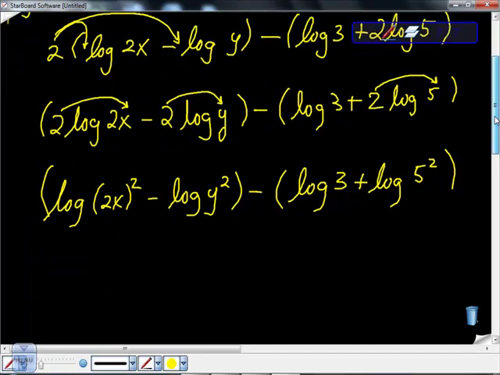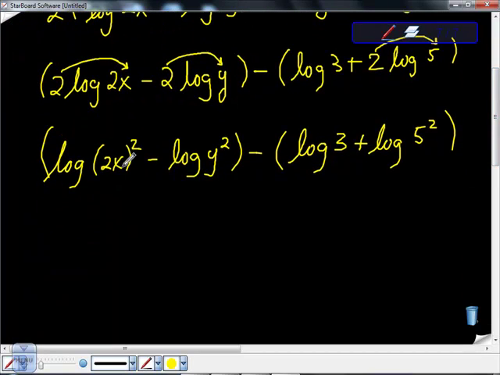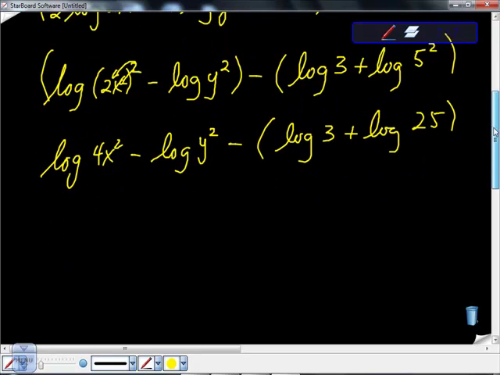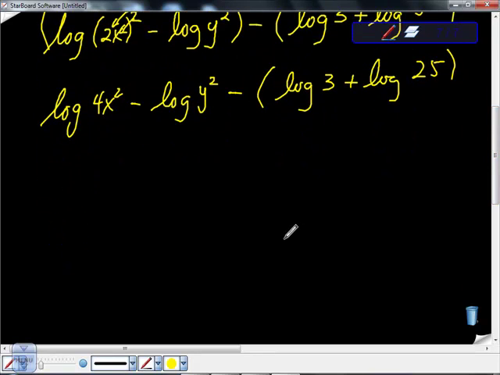I'm going to clean these up the best that I can. For example, this would be log of 4x squared, because exponents are distributable over multiplication, minus log y squared minus the quantity log 3 plus log 25. I know it's a ton of stuff, but you just have to keep hanging in there with it.